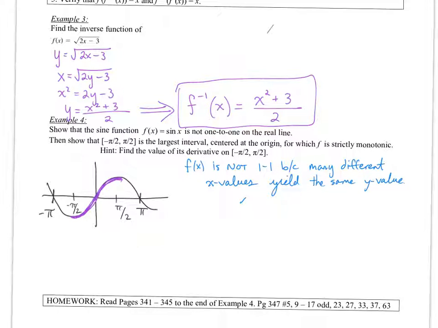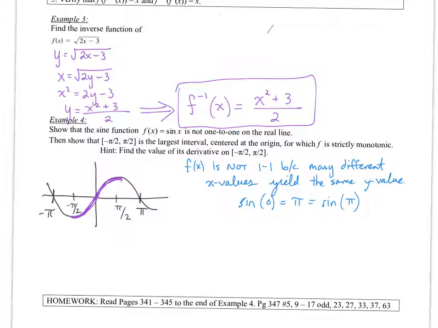And you can show it with values. Sine of 0 is equal to sine of pi. Okay? So you see that here, here, and here.